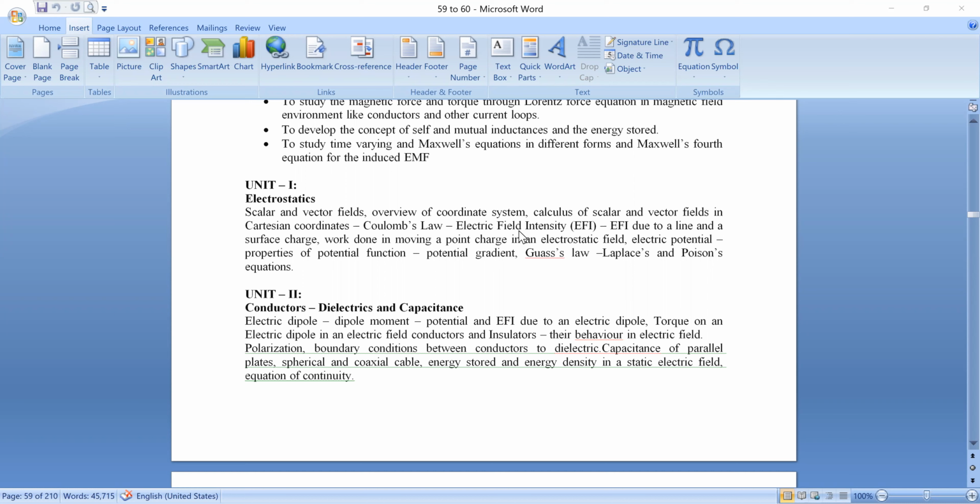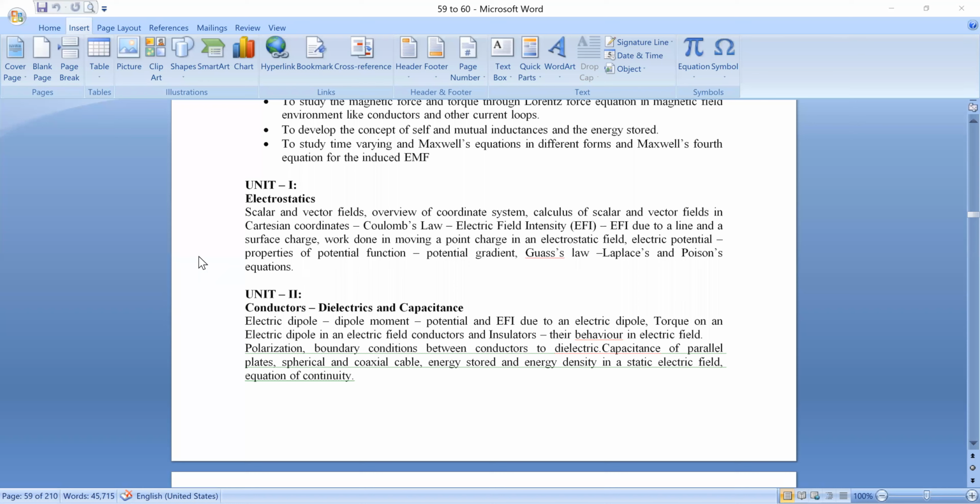That means there are three types of charge distributions: one is line charge distribution, and surface charge, volume charge, like that. So the charge distributions and their electric field intensities are measured with the help of Coulomb's law.